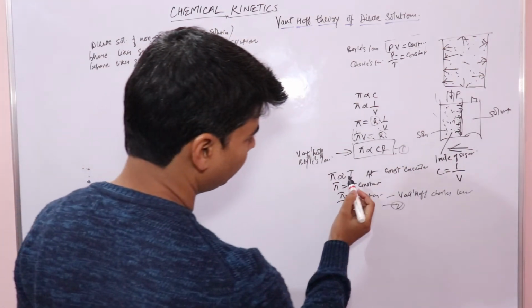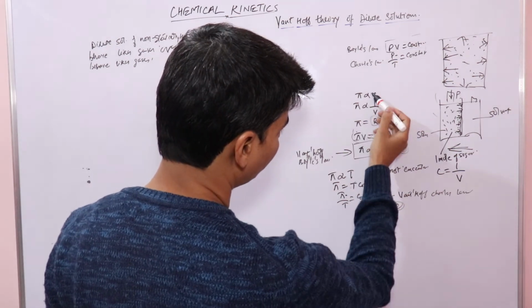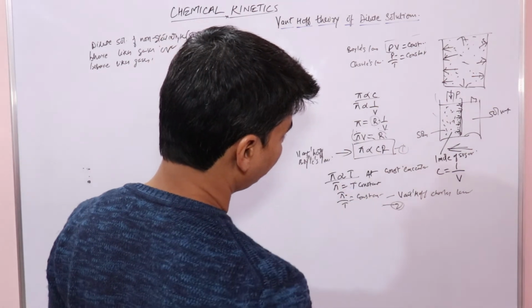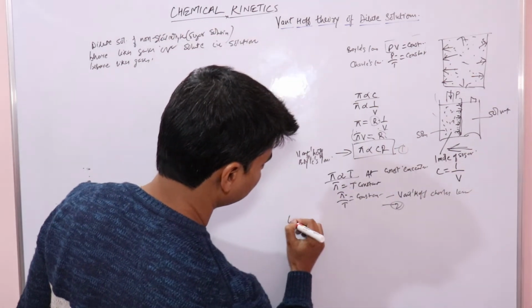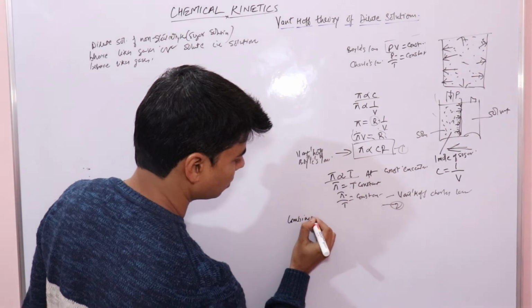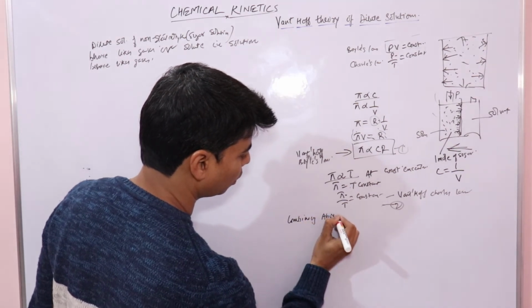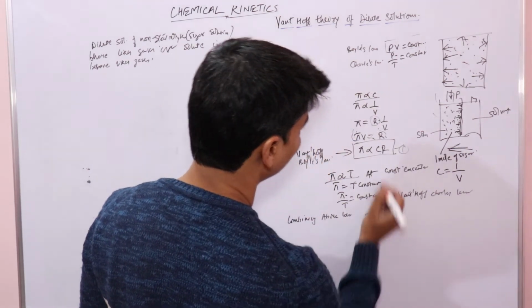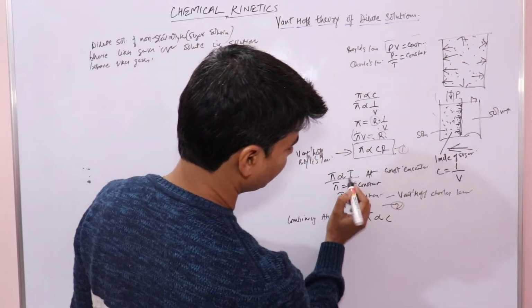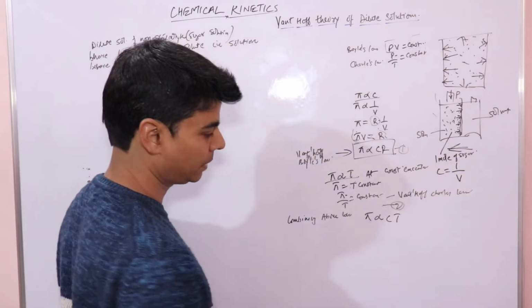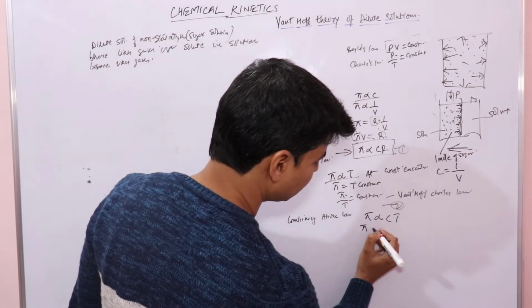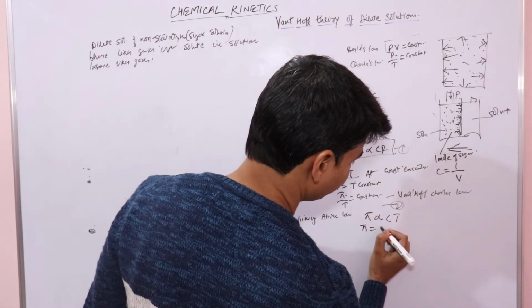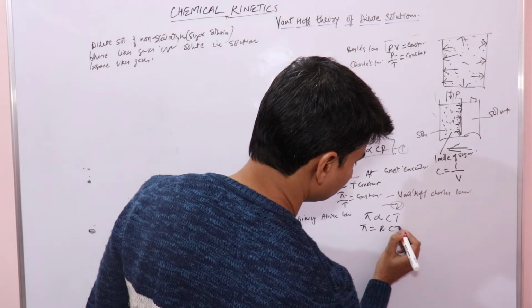If I compare these two, combining the above laws, we get pi is directly proportional to C and T. I remove this sign, pi is equal to RCT.